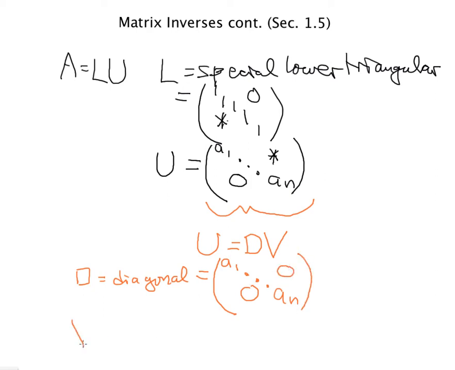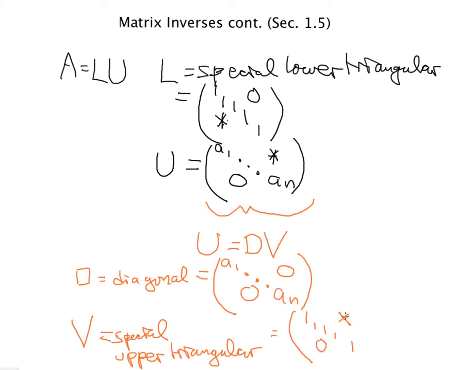And V is special upper triangular. And you know what that means? It's just the analog of special lower triangular. Ones on the diagonal, zeros below, and anything above.